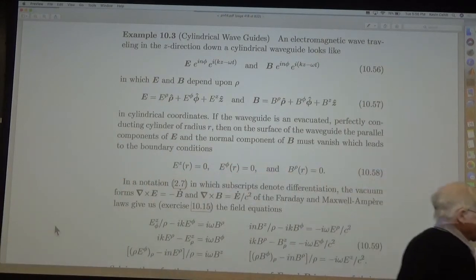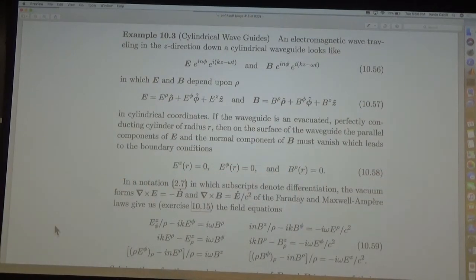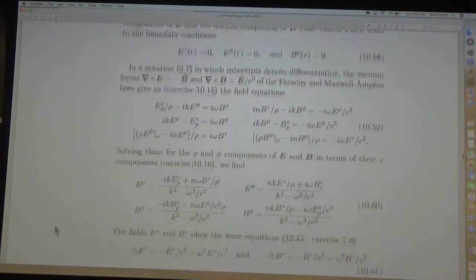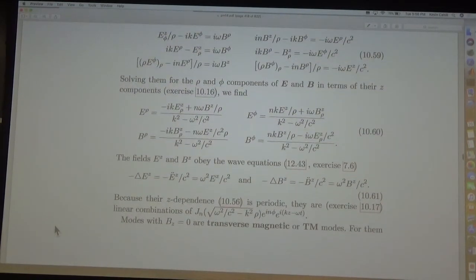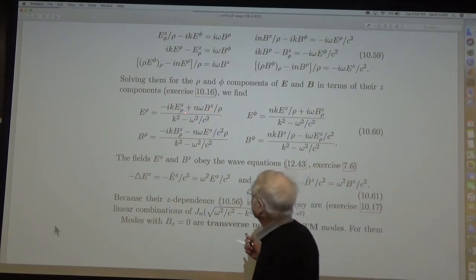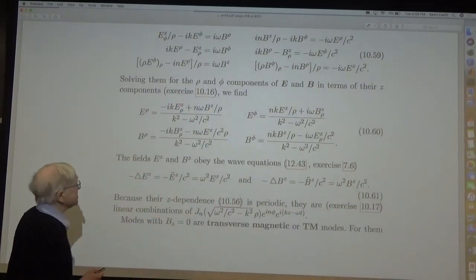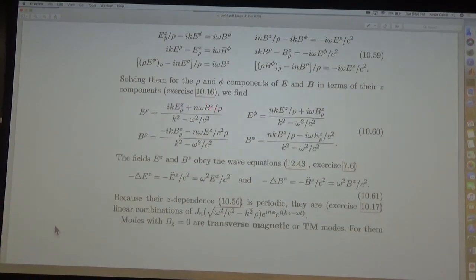And actually I haven't yet used the phi and Z dependence, how it depends on phi and z. In that case, you get these expressions: you can solve for E rho and E phi, B rho, and B phi, and this is the rho derivative of the z component and the rho derivative of the z component of B, and so forth.